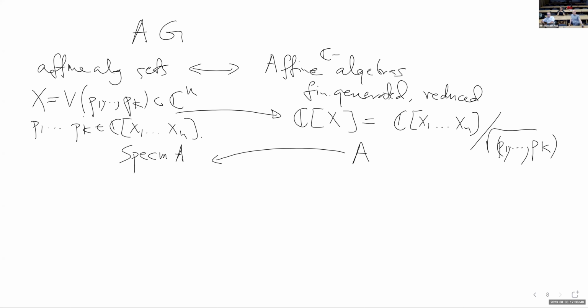The details are maybe complicated, but it makes it into an affine algebraic set. As a set itself, it's pretty simple. It's the set of all maximal ideals.